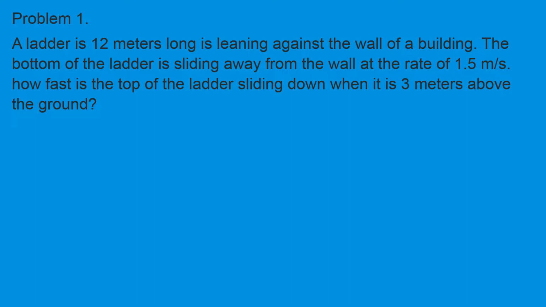What is being asked in this problem is how fast the top of the ladder is sliding down when it is 3 meters above the ground. So what we are going to do is identify dy over dt, meaning the change of the distance as the ladder slides down, with respect to y.